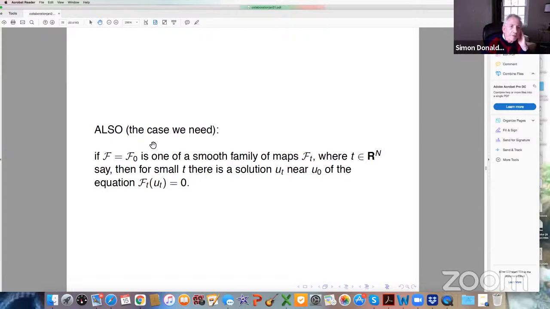Supposing our f0 is one of some family of such maps, for example, parameterized by just some finite dimensional parameter t, and satisfying the suitable kind of extension of the hypotheses we had to this family, then if we have a zero of the original map f0, then we can find zeros of this family. We can find a smooth family of solutions of the equation f_t of u equal to 0.